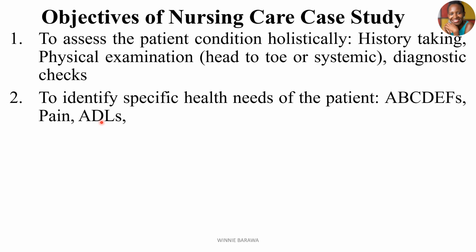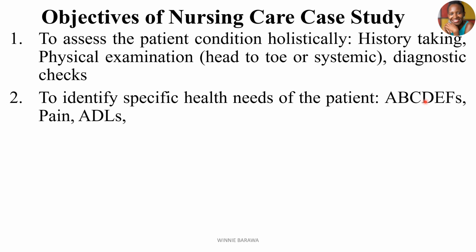You can relate to pain issues, activities of daily living. So ADL means activities of daily living. You could be doing ABCs. So ABCs is checking needs based on airway, breathing, circulation, disability, exposure.